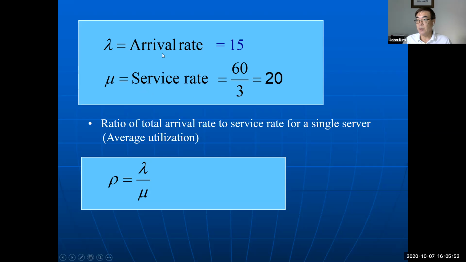Arrival rate and service rate are how many customers arrive and how many can be served in a certain time unit. Average utilization, rho equals lambda over mu, arrival rate divided by service rate. So 15 divided by 20 is 0.75.